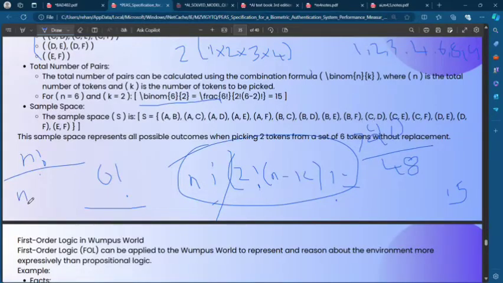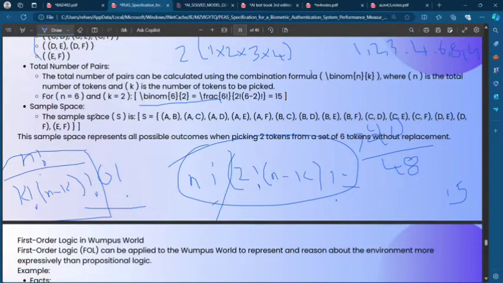N factorial divided by, sorry, here n won't come. k factorial into n minus k factorial. Remember this for picking up two tokens.